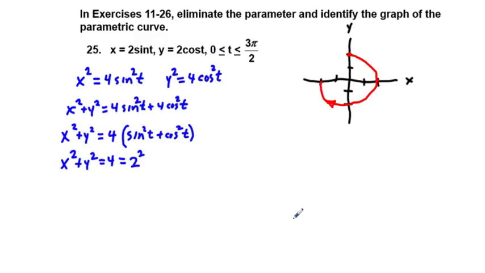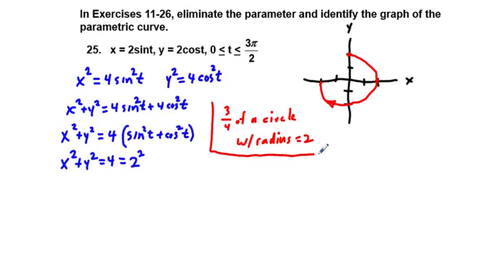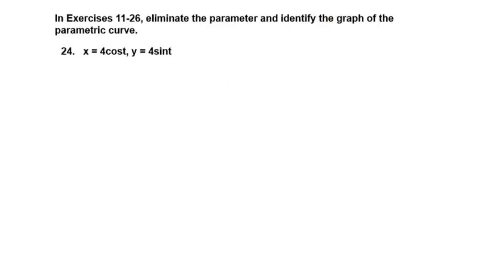So we'll say 3/4 of a circle with radius equals 2. That will be our answer. And I don't know if in problem 23 we actually put that here.